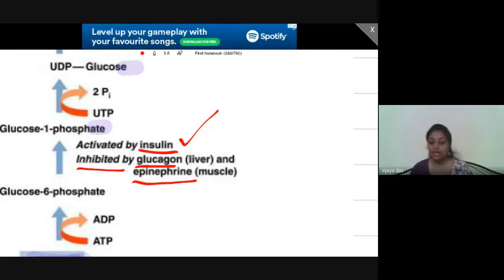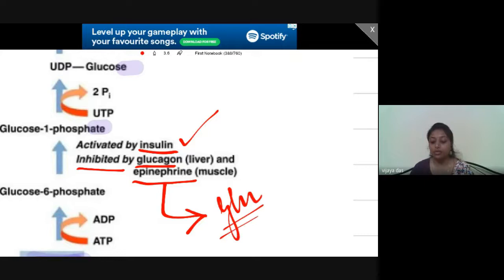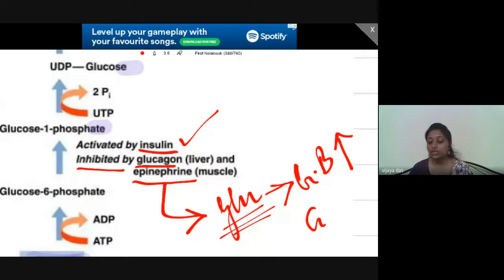So will epinephrine help in glycogen formation or glycogen breakdown? Glycogen breakdown, yes. It will give you glucose, so it is going to promote glycogen breakdown. Glycogen breakdown will be promoted, and simultaneously glycogen synthesis will be inhibited or reduced.